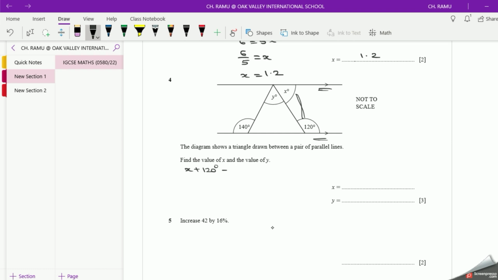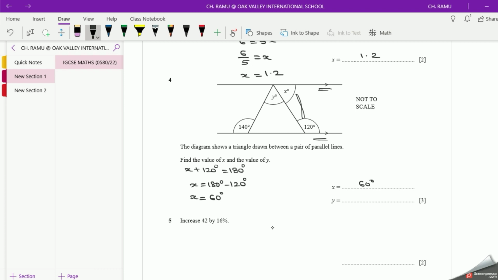According to the property, the sum of same-side angles is 180 degrees. So x is equal to 180 degrees minus 120 degrees, which is 60 degrees.